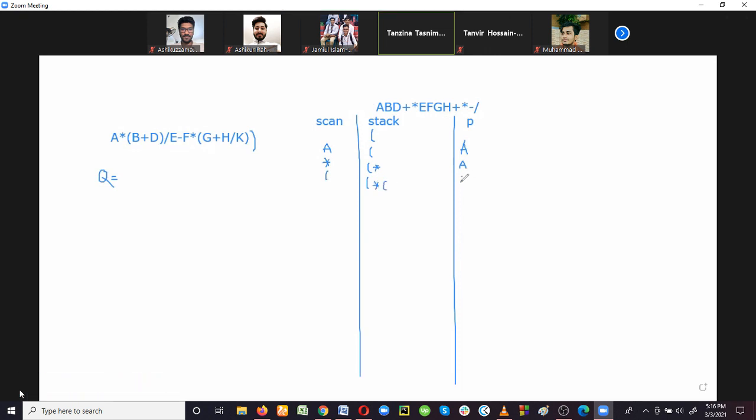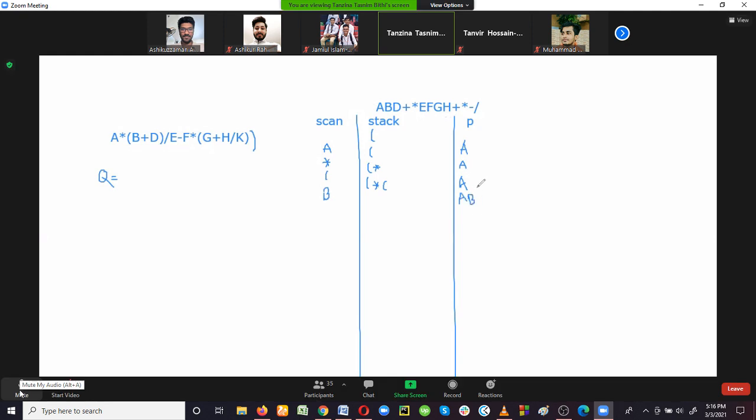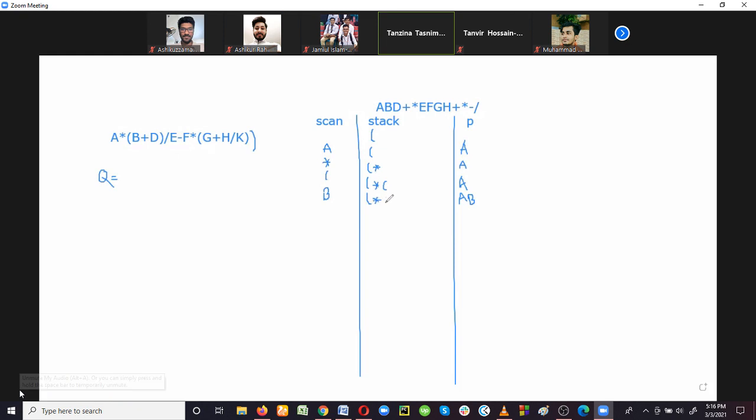Okay? And this is the postfix notation. And after that, we got an operand B. So that operand will be stored where? In the expression. And this is our stack with only 3 elements.